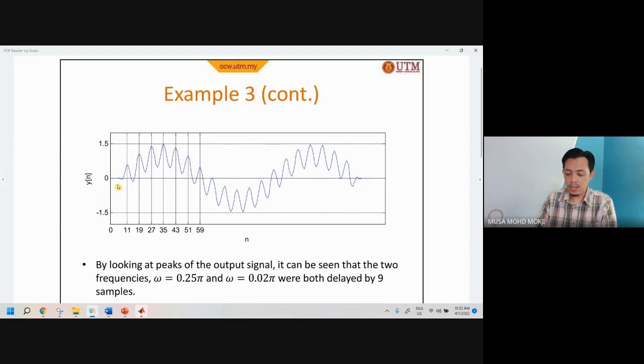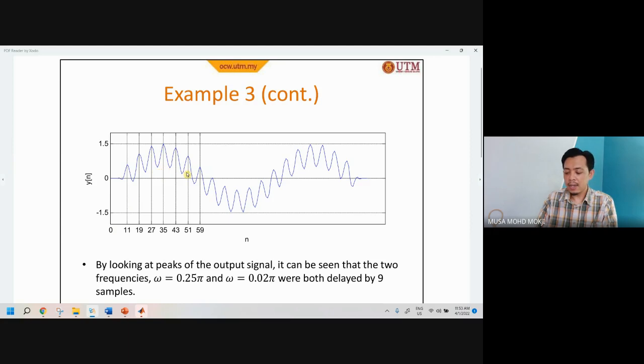We can see the output is y[n]. It will preserve everything, so that's why this is 1.5 amplitude. It is still 1.5. At these two frequencies, the amplitude will be preserved, similar to the original. What happened is just that it is delayed by 9 samples.